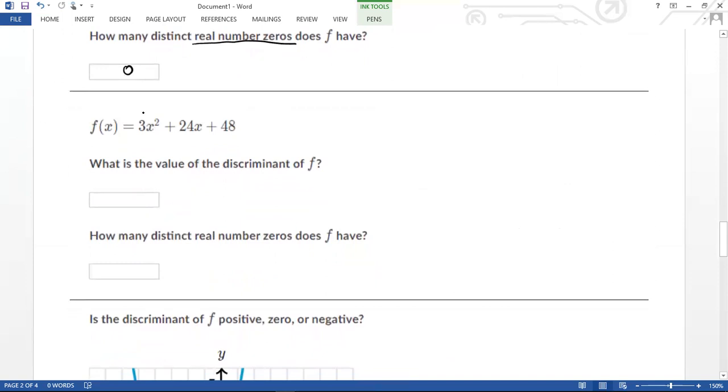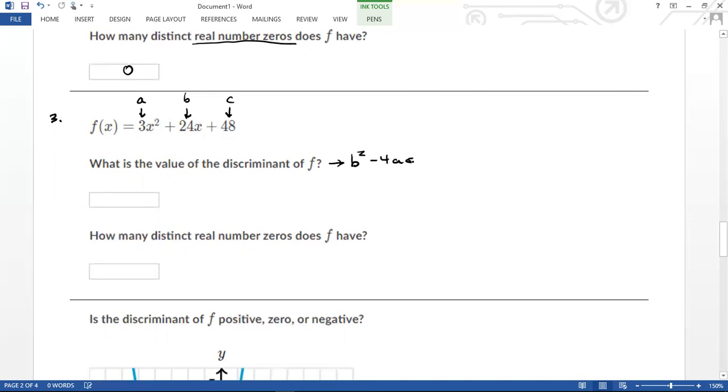Okay? So here we have number 3. Our a is 3. The b is 24. And the c is positive 48. So the discriminant, they want to know, is b squared minus 4ac.